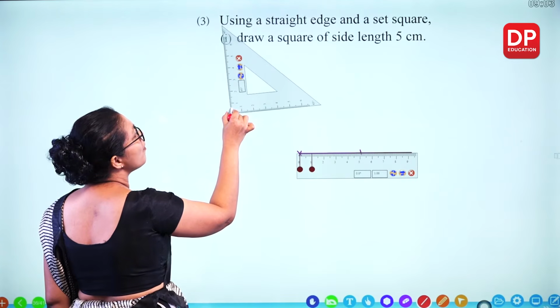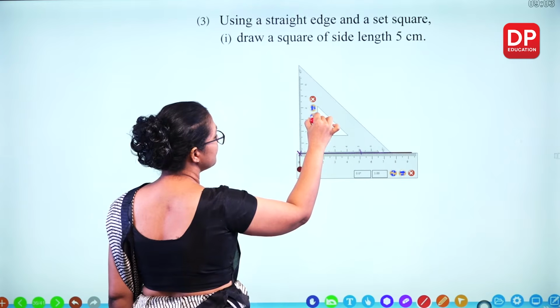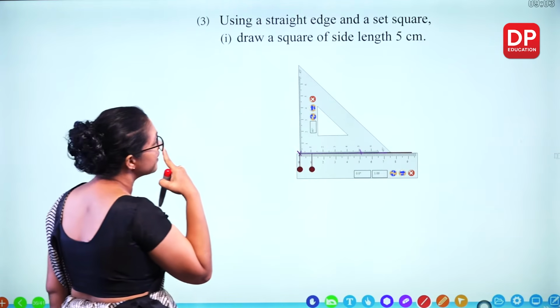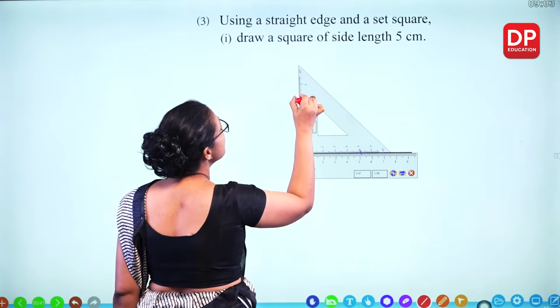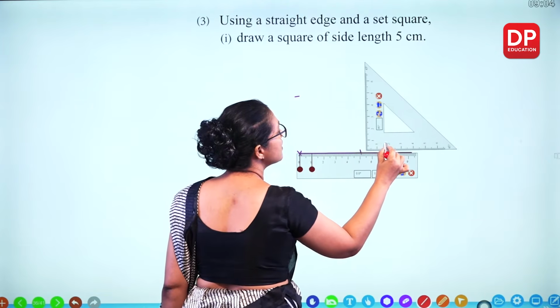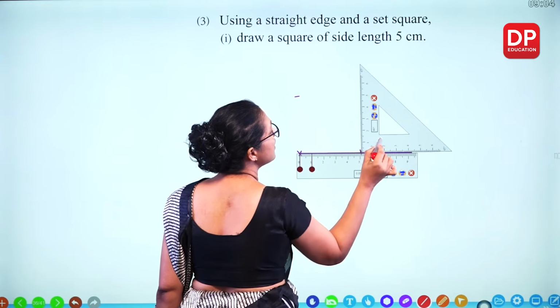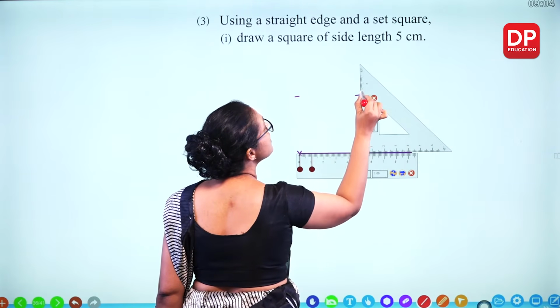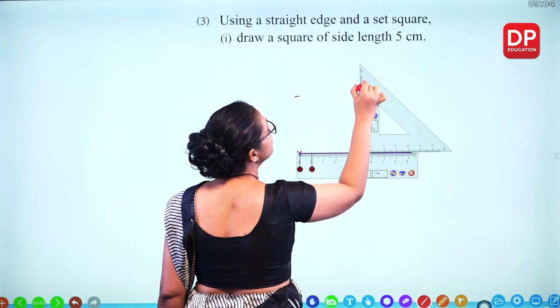keep on top of this straight edge like this, and we can mark 5 centimeter length here and then drag it and keep it here and mark 5 centimeter length, as well as you can draw the line as well.